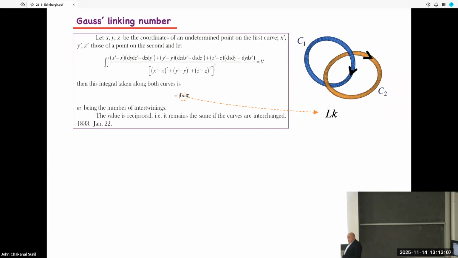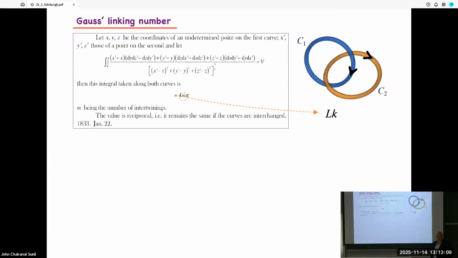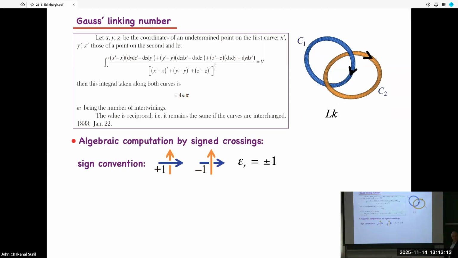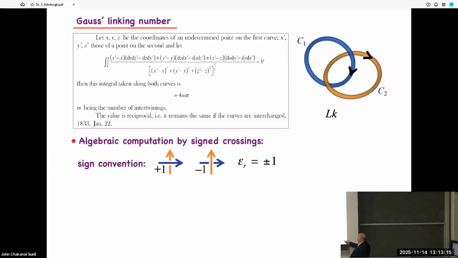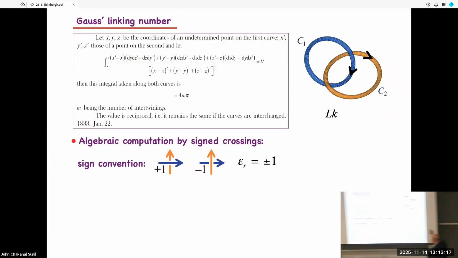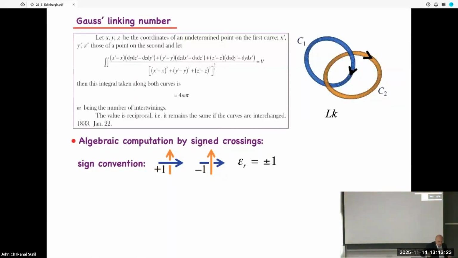So I have a shortcut to this integral calculation of linking numbers, and this is the modern way to do things. You can prove rigorously, and I also published a paper on this, that the double integral on the curves reduces to the linking number calculation based on a sign convention.